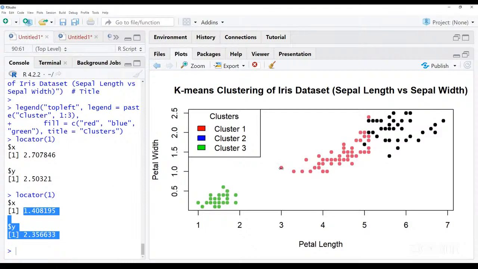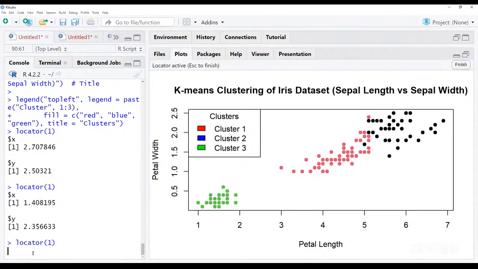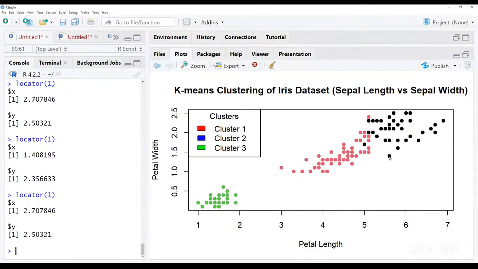Yes, I clicked on this. You want me to click on the same person? Okay, yeah, okay, sir. So on this side, who is that data? This one, this black one. Yes, it is.